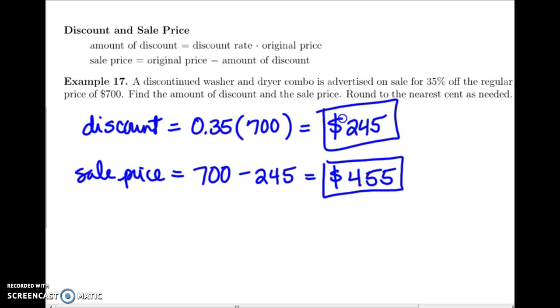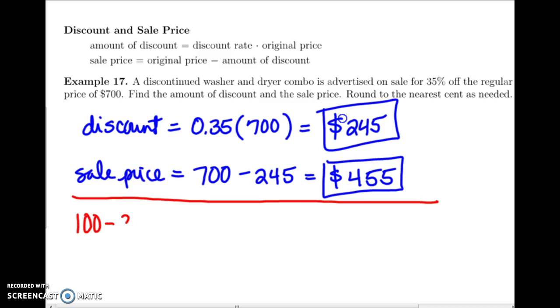Now, as usual with all these problems, there's different ways to do these. You could actually do your subtraction first, which is kind of weird. Notice 100% minus 35% is equal to 65%.